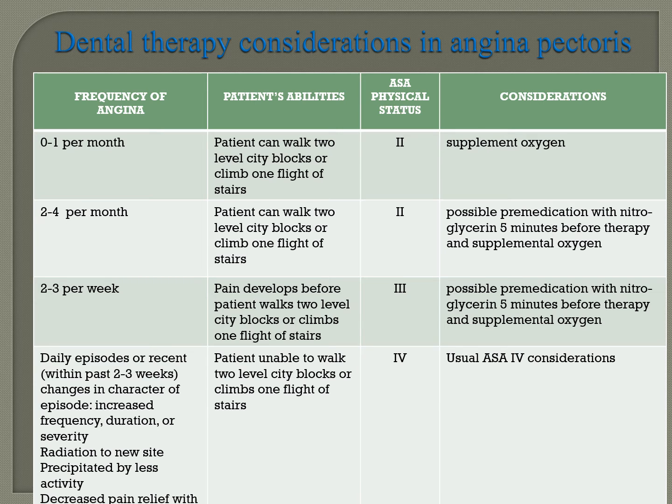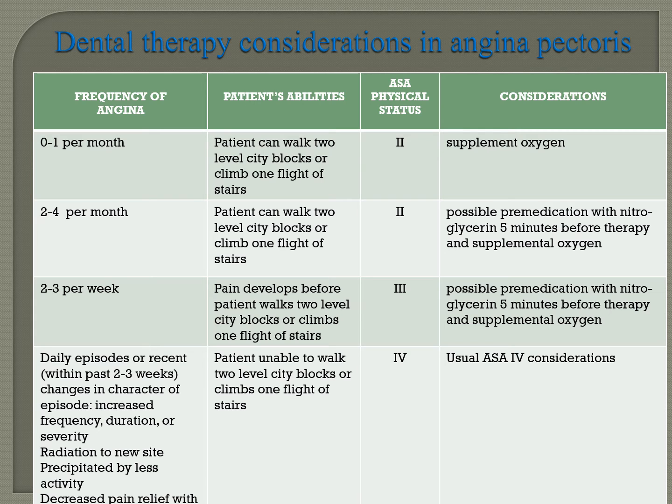If the frequency of angina is one per month, and the patient can walk 2 city blocks or climb 1 flight of stairs, the American Society of Anesthesiologists status is considered as 2. The emergency drugs like oxygen we can supplement, and mostly the emergency drugs will be there in the dental office.